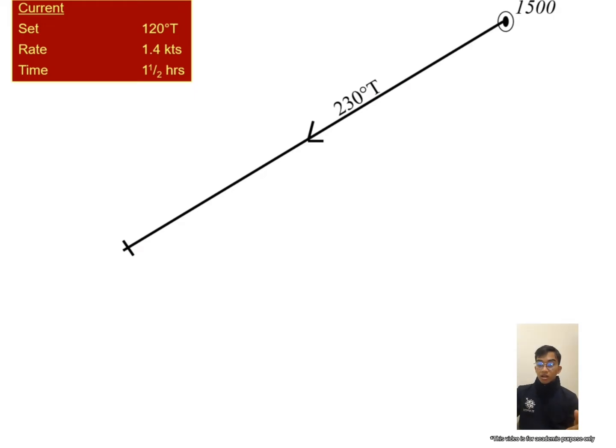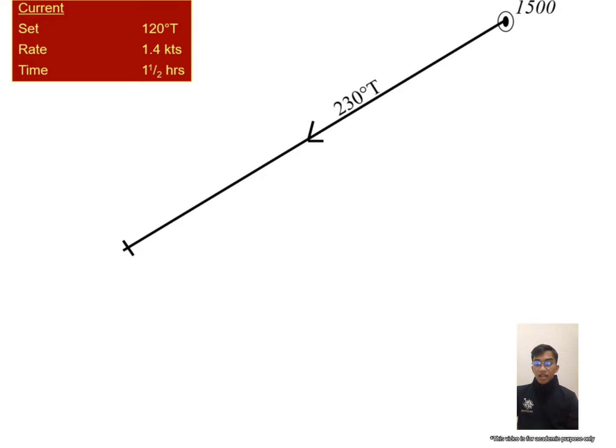So we take the similar example, the same question again. We know the accurately known position of the vessel at about 1500 hours. The vessel was intending to go on a course of 230 degrees true for 1.5 hours at 6 nautical miles per hour. So again, you will do the same thing. You will draw the course of 230 degrees true.